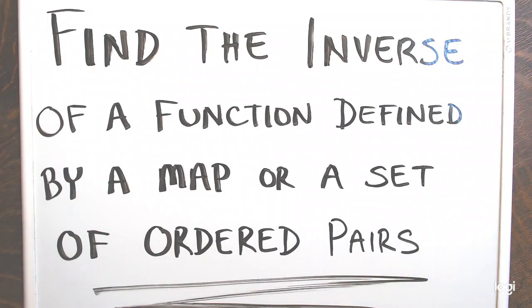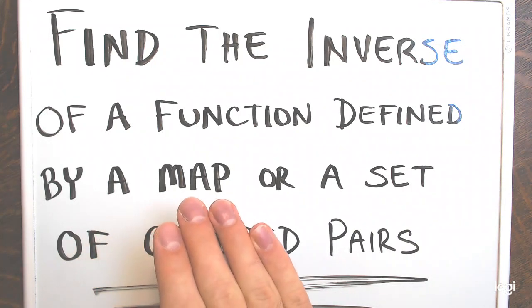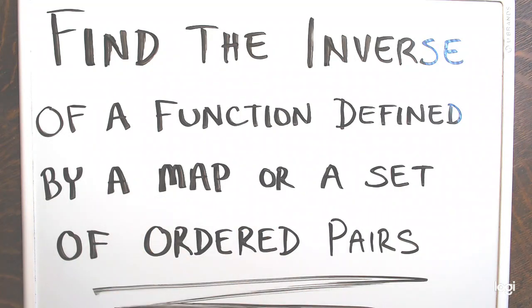In this video I'm going to define for you what it means for a function to have an inverse function, and then we'll look at a couple of examples, one where the original function is represented by a mapping, or an arrow diagram, and another where the function I start with is represented as just a set of ordered pairs. We're going to be finding what's called the inverse of that function, or the inverse function.